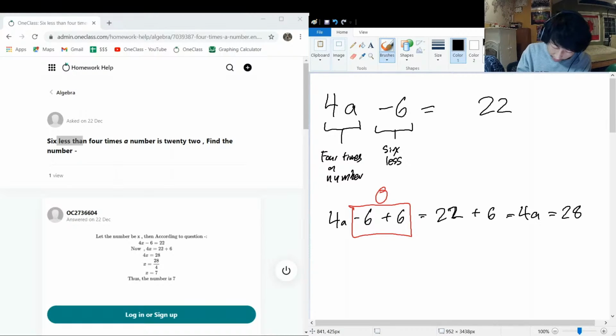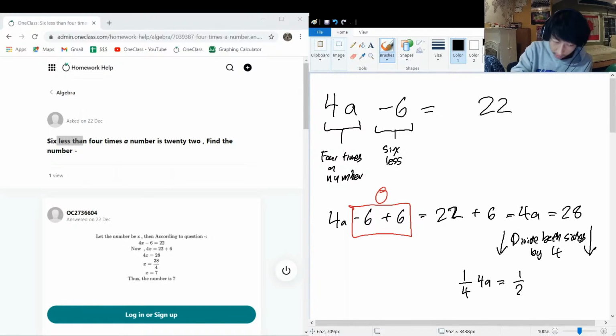Now let's divide both sides by 4. So we'll have 1/4 of 4a is equal to 1/4 of 28.